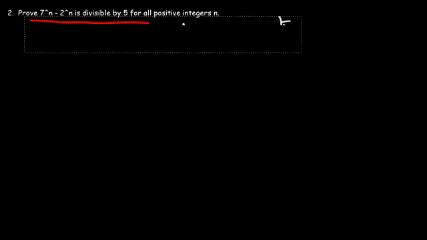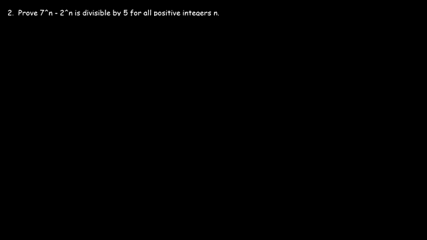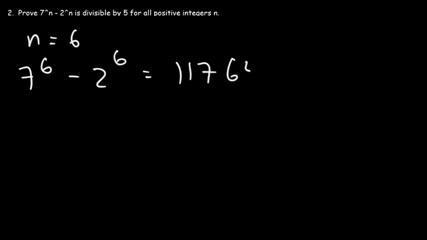Let's say if n is 6. 7 raised to the 6 minus 2 raised to the 6. Will that give us a number that is divisible by 5? Let's find out. 7 to the 6th power is 117,649.